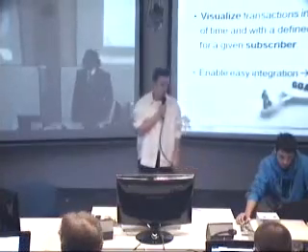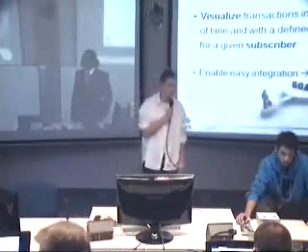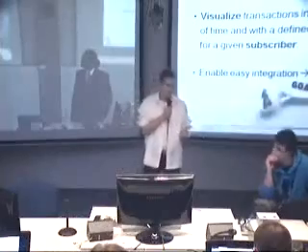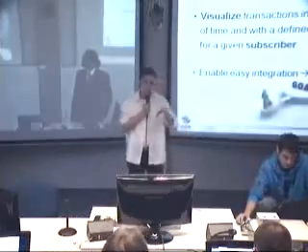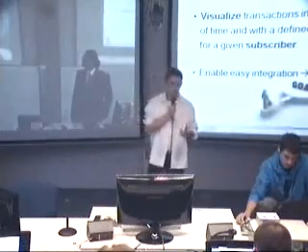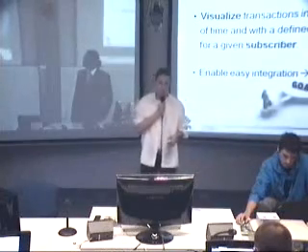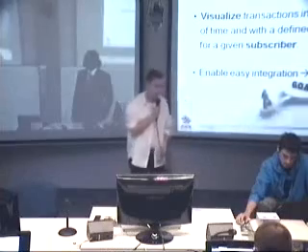The main functionality we can describe as visualizing transactions in a defined period of time and in a defined search depth for a given subscriber, which can be described by name, SIM card number, or email.